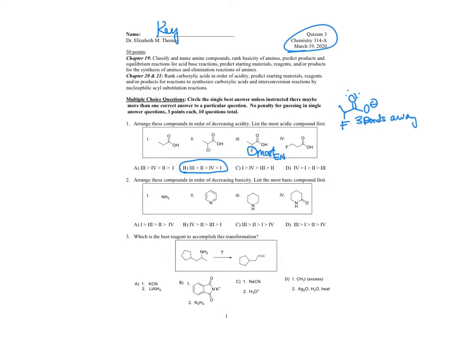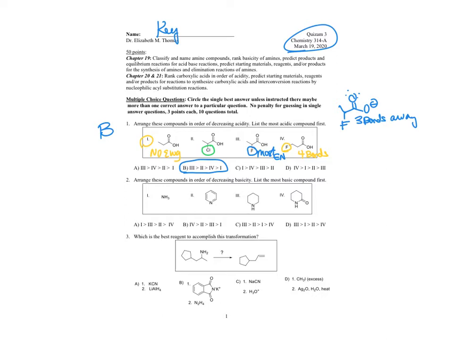Okay, and then second would be this one here with the chlorine. Chlorine is less electronegative than fluorine. And then the third is this one here. The fluorine is 4 bonds away, so it's further away. And number 1 has no electron withdrawing groups. So that would be the least. So the answer there is B.